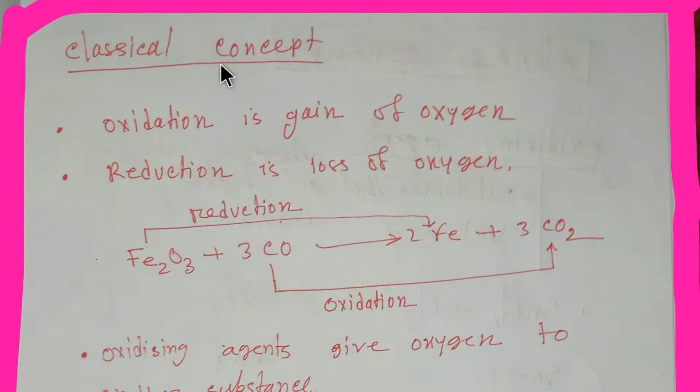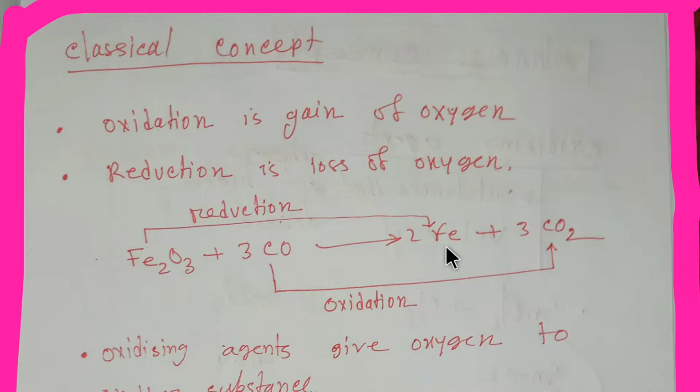According to classical concept, oxidation reaction or oxidation is gain of oxygen. On the other hand, reduction is loss of oxygen, right? Well, here you see ferric oxide, right? From ferric oxide we are getting iron only.